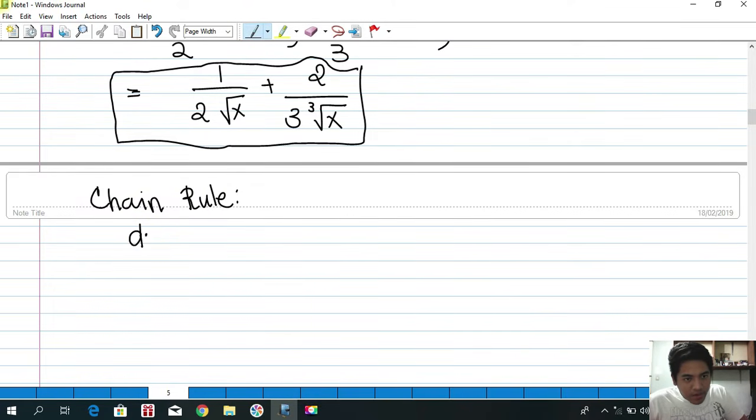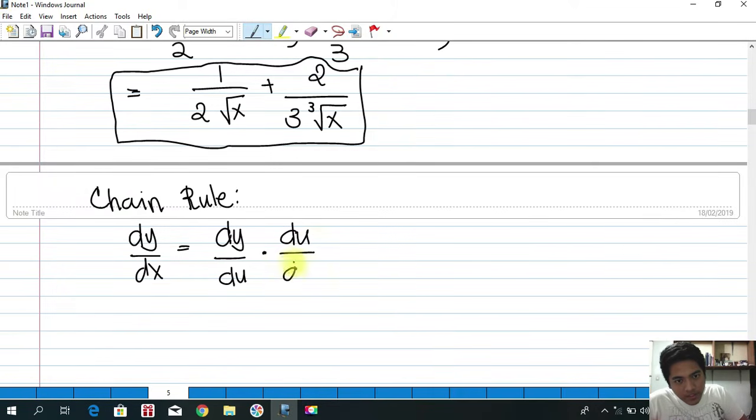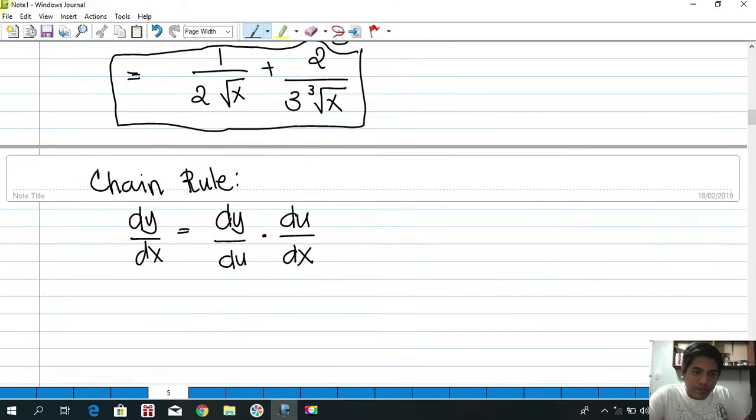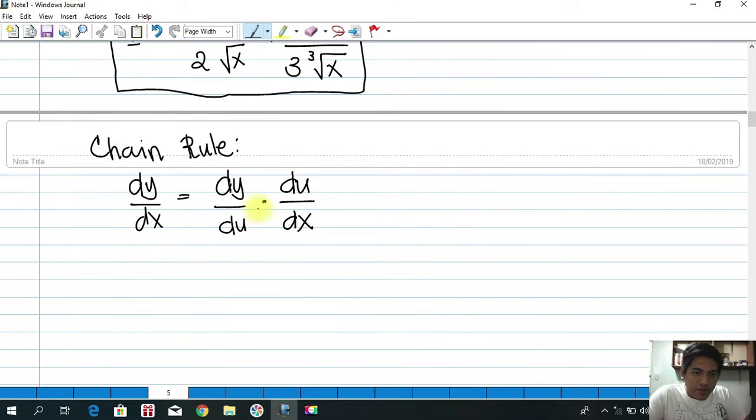This is the formula: dy over dx is actually equal to dy over du times du over dx. As you can see here, from the formula of the chain rule, we have dy over du times du over dx. If you multiply these two, simply the du will cancel and we get dy over dx.